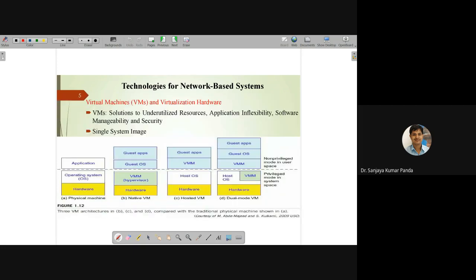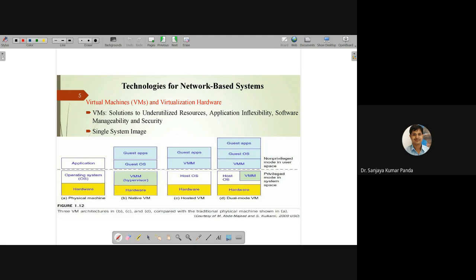Now, you know about virtual machines, you know about the virtualization techniques. We also discussed different types of virtualization. Like I talked about full virtualization, we talked about partial virtualization, and we discussed para-virtualization. These are the 3 different types of virtualization, right? So why are VMs used?